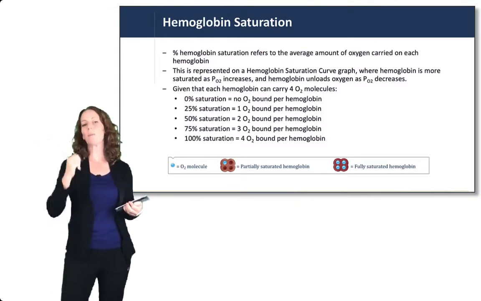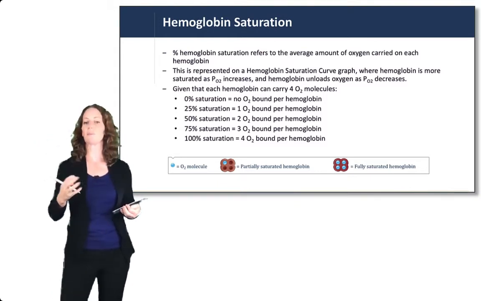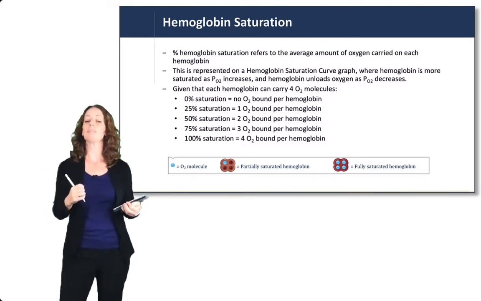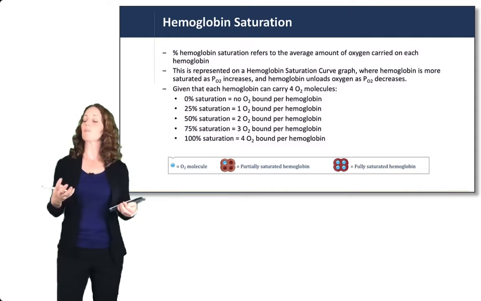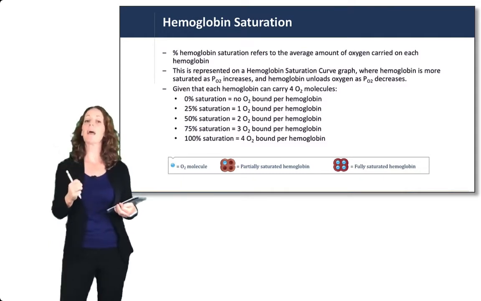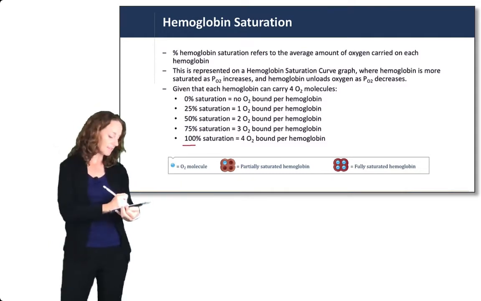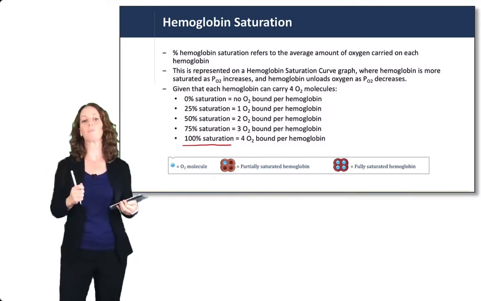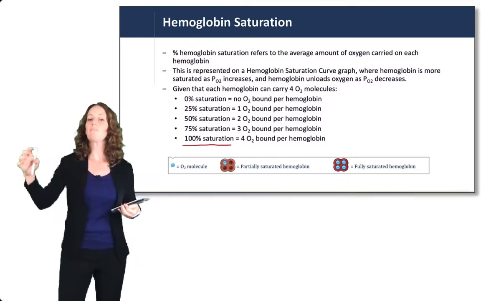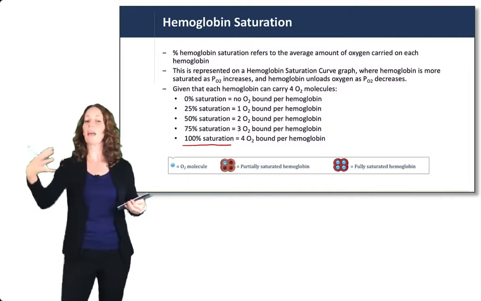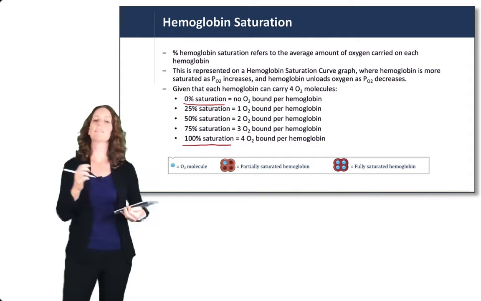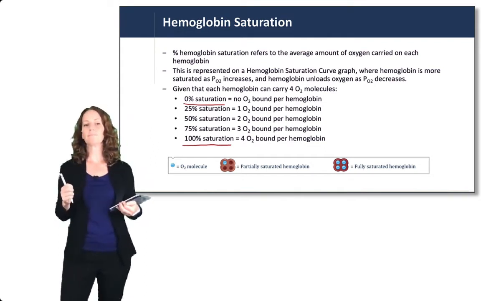Remember, we have 4 possible sites on each hemoglobin. So if we look overall at a sample of blood, if the majority of hemoglobin has all 4 sites bound, then we say that that is nearing 100% saturation for hemoglobin. If we have no oxygen bound on average in that sample of blood, then we have a 0% saturation.